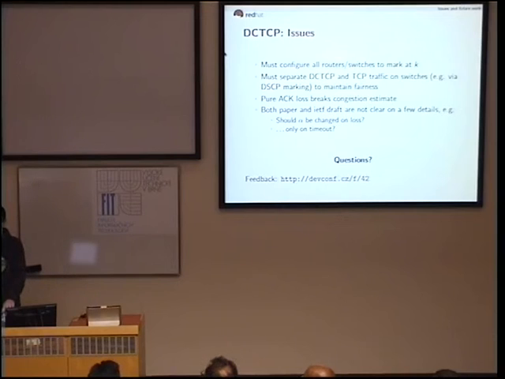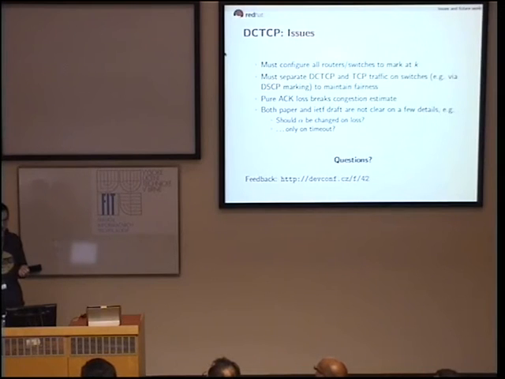The problem is basically that if you start to mix it, then it depends on what your switch is configured to do. Because for legacy TCP, the switch will not be able to mark, because the packet will not have the bit set that says I understand congestion notification. So you have 2 choices.